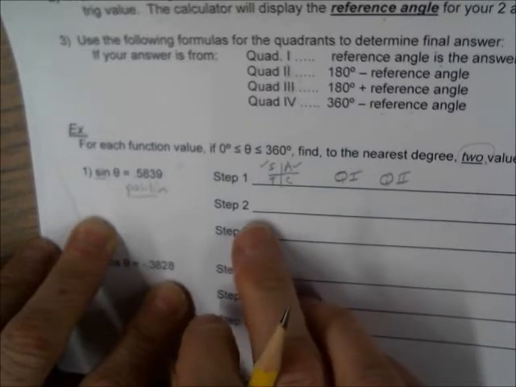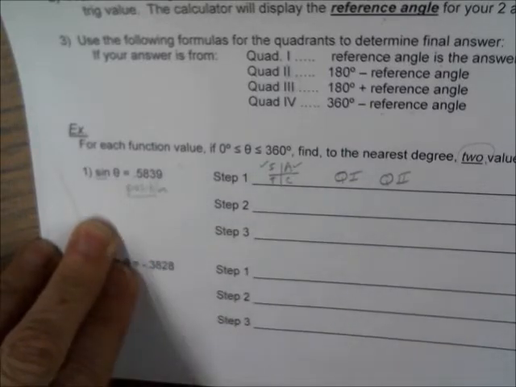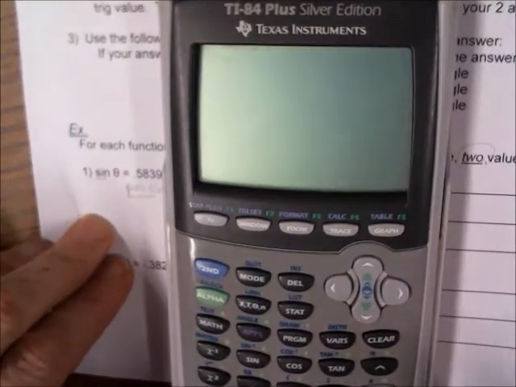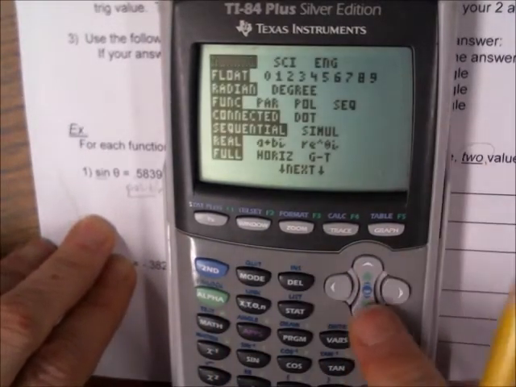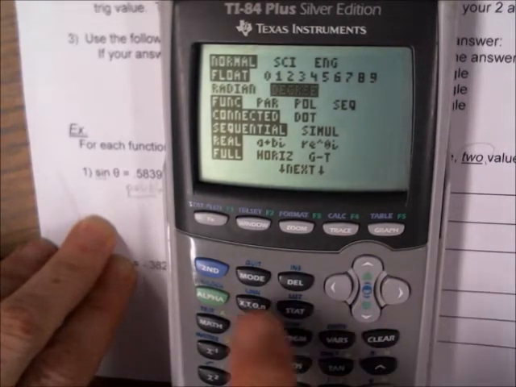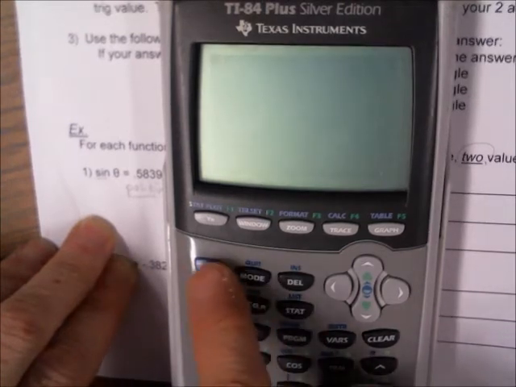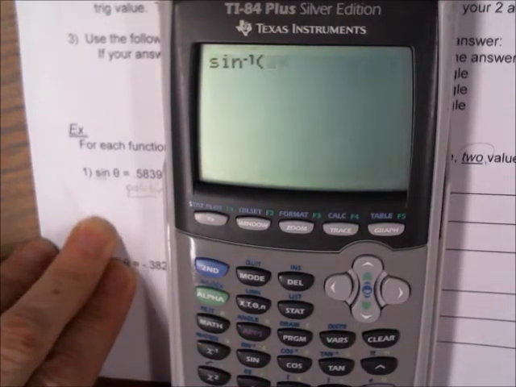The next step is to grab our calculator and do second sine of 0.5839. So we have to make sure we press our mode button and change the mode to degrees. Mine was in radians. And then do second sine of 0.5839.